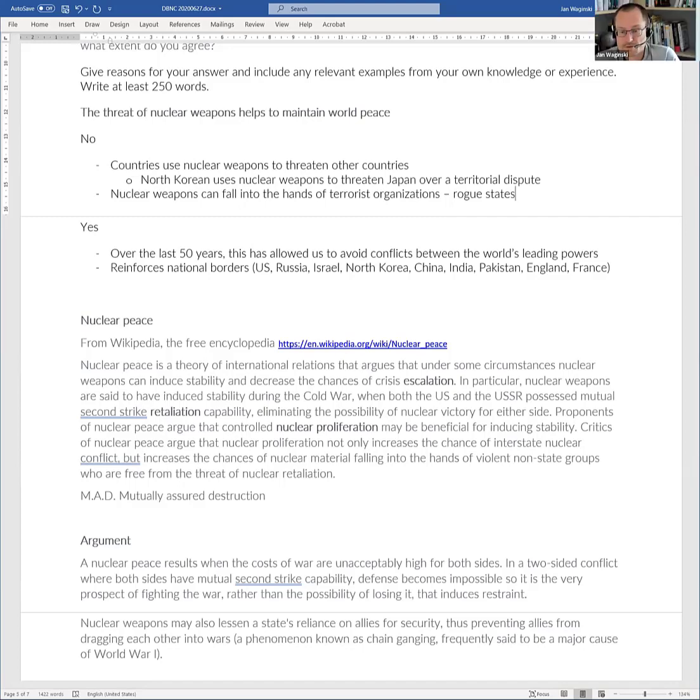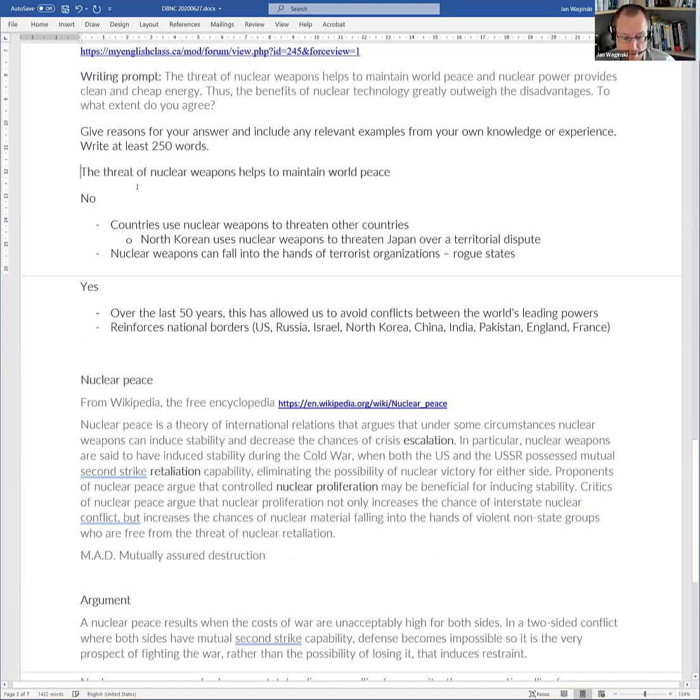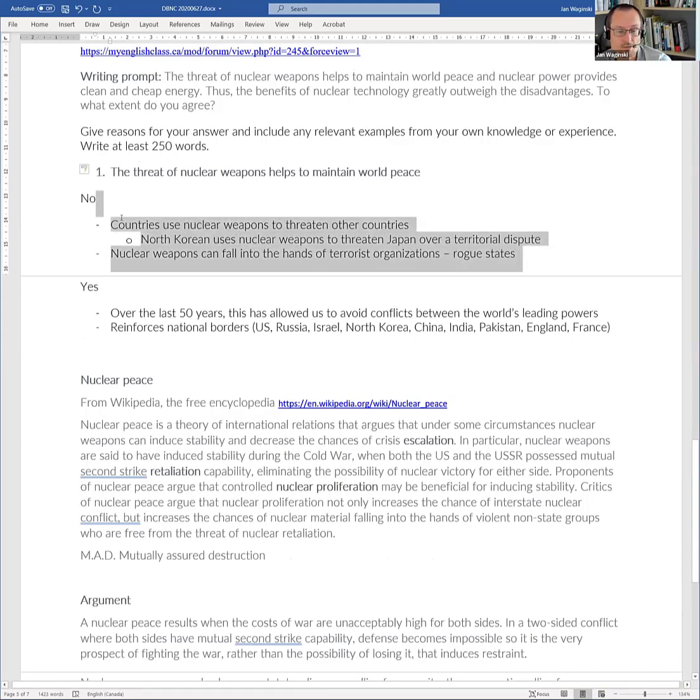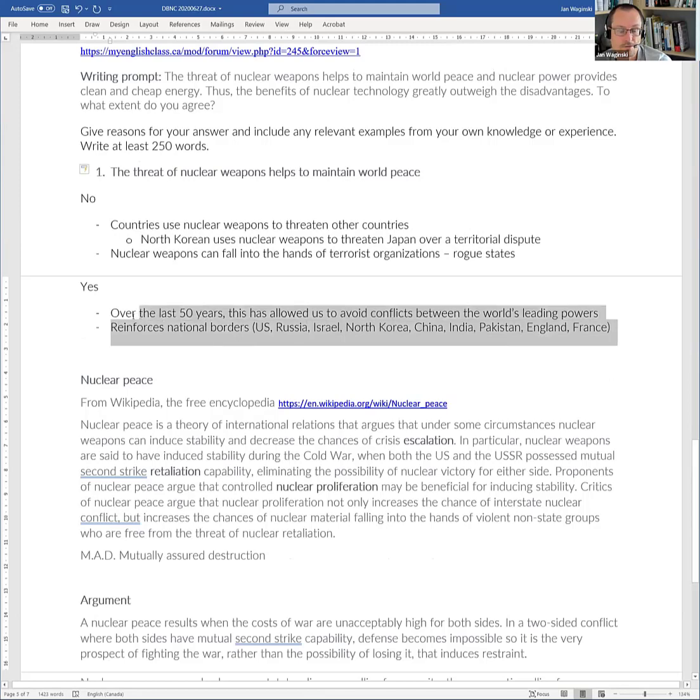Okay, so pretty straightforward. So this is the first part that we have to talk about. And keep in mind, you've got two body paragraphs. So if you're arguing that no, then this is going to be developed into one body paragraph. Or if you're yes, then this has to be developed into one body paragraph.